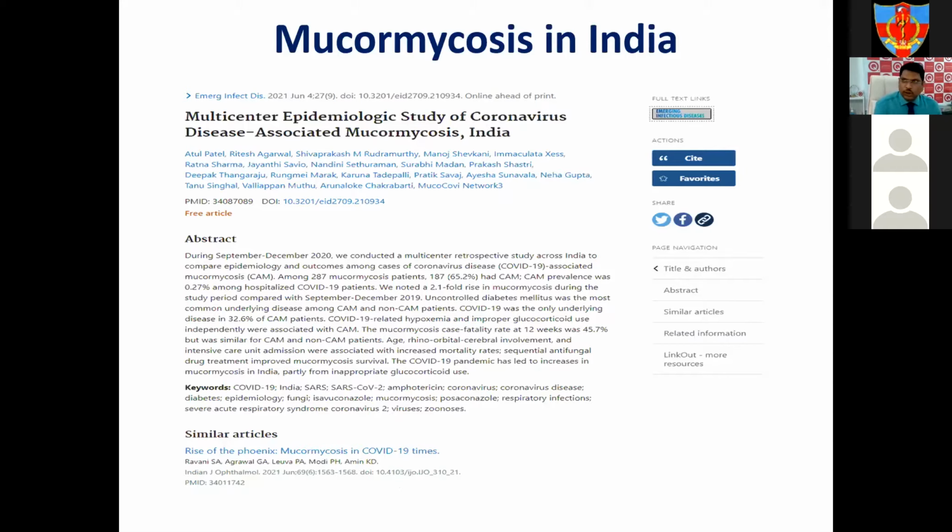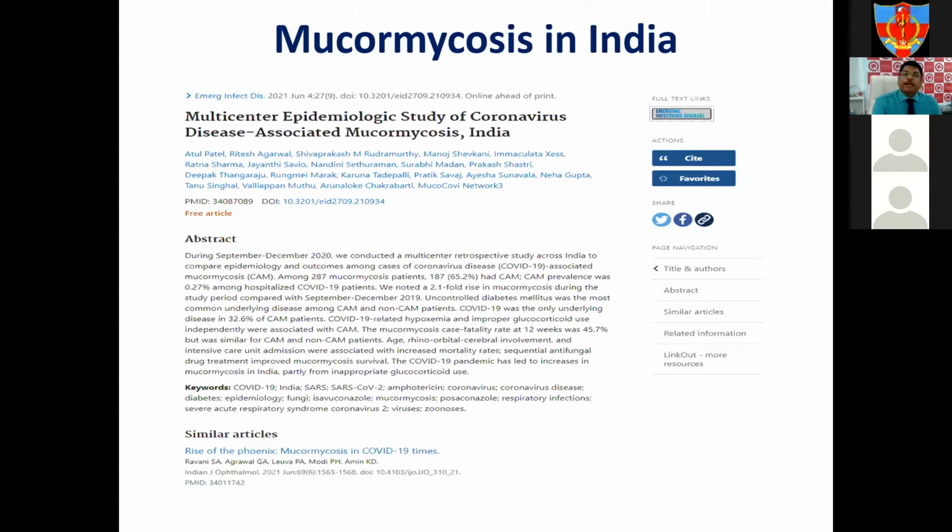A few multi-center epidemiological studies have been done in India. They are not of significant numbers, but what they concluded in those two articles is that most of it is happening because of underlying comorbid conditions like diabetes mellitus, people undergoing chemotherapy in oncology settings, people undergoing dialysis, and steroid overuse and antibiotic overuse.